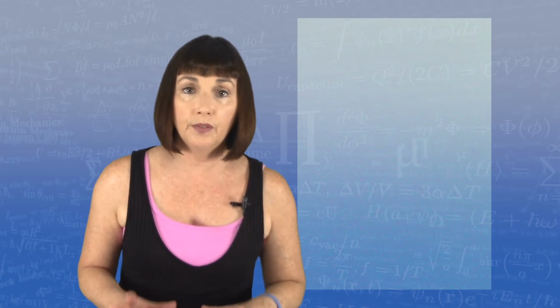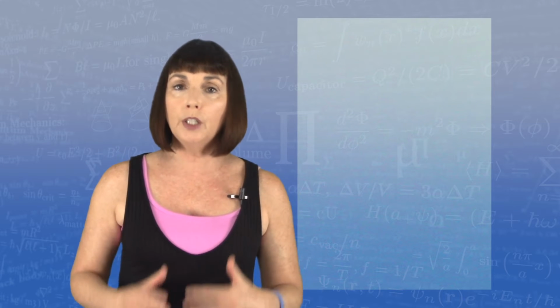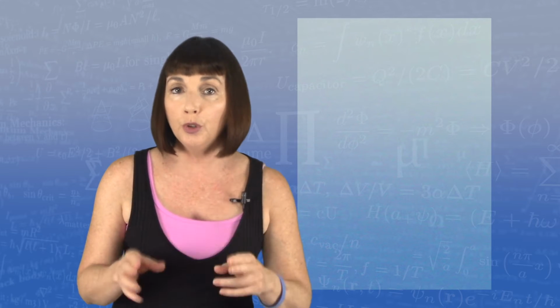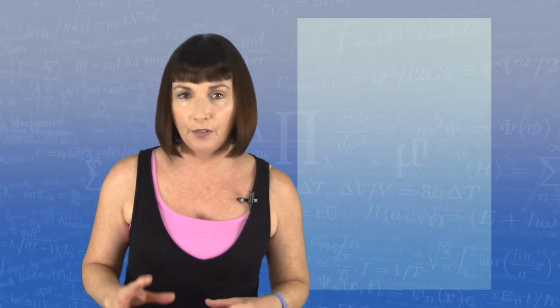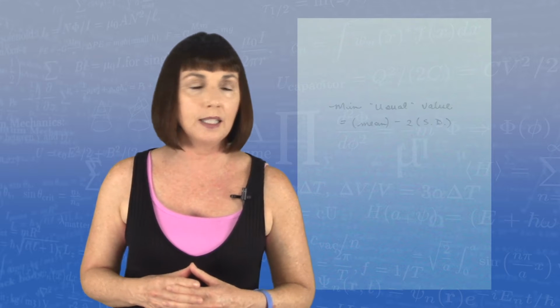For a lot of data sets, the vast majority of data values are within 2 standard deviations of the mean. So we can use that information to create a rough estimate of a range of what we call usual values. Now, usual values is a casual definition. It's not really a strict definition, but let's take a look at what it is.